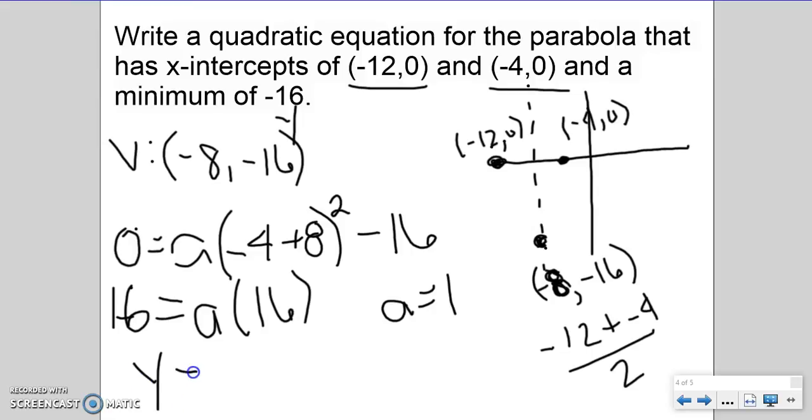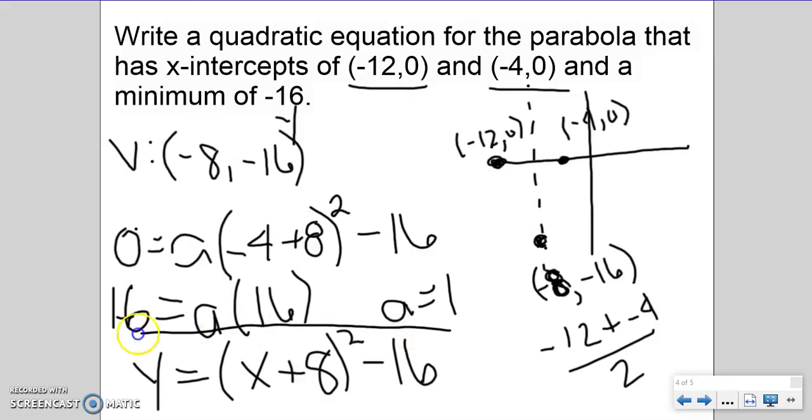So my equation is going to be y equals (x plus 8) squared minus 16. And that is the equation with a minimum of negative 16 and my x-intercepts of negative 12, 0 and negative 4, 0.